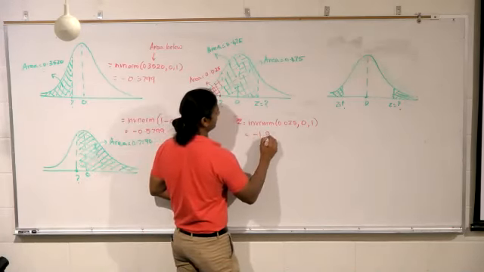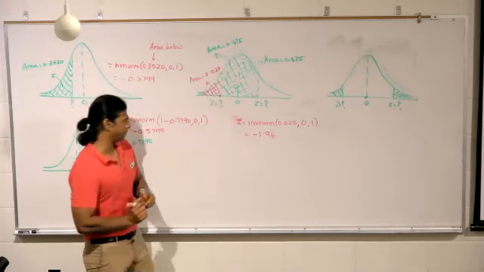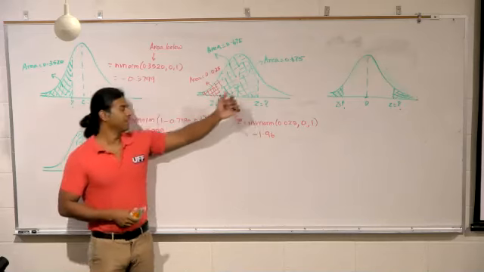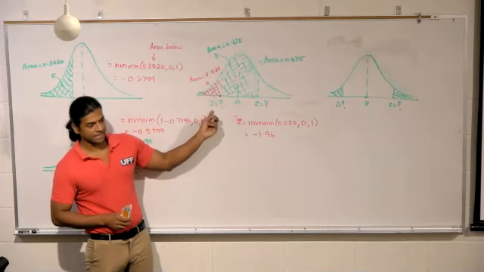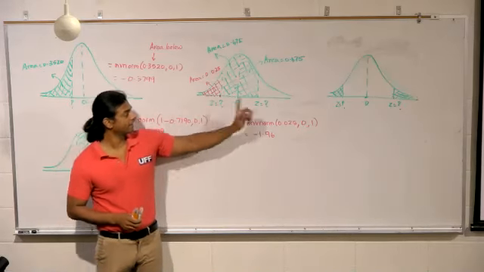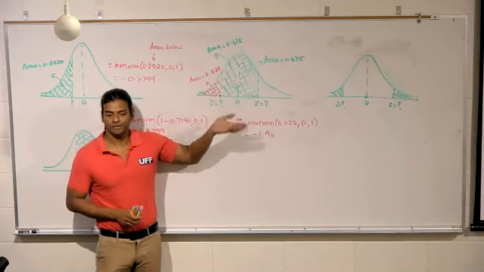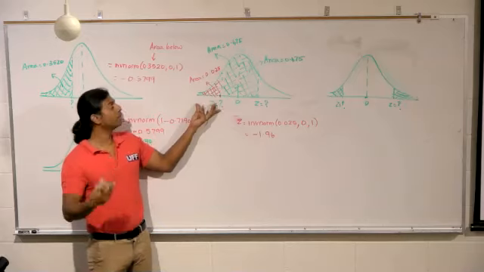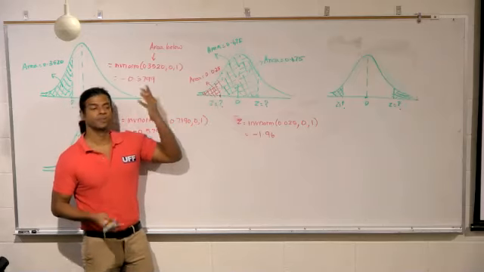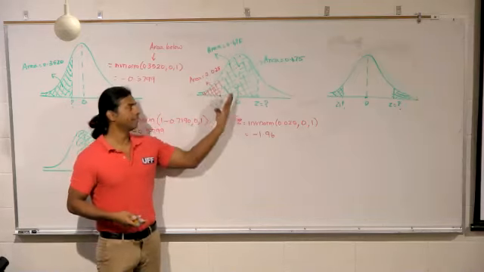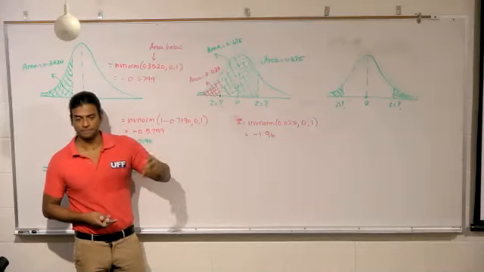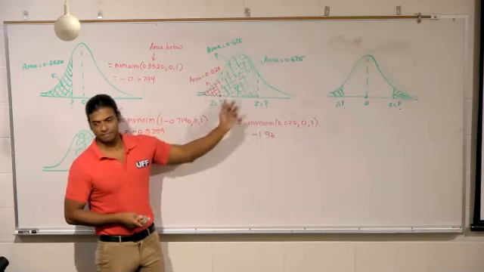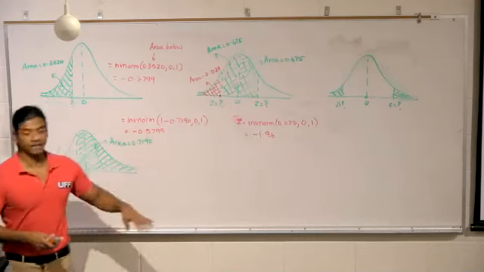Because of symmetry, if this value is negative 1.96, that has to be positive 1.96. So if you have one of the older versions of the calculator, always try to find the area to the left of the number. You can always use symmetry to get the other number by multiplying by -1.